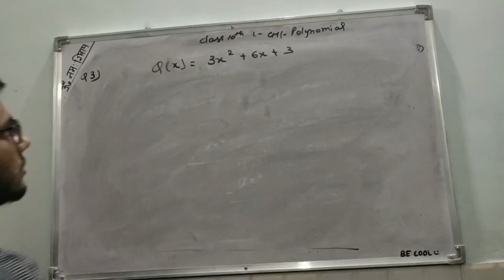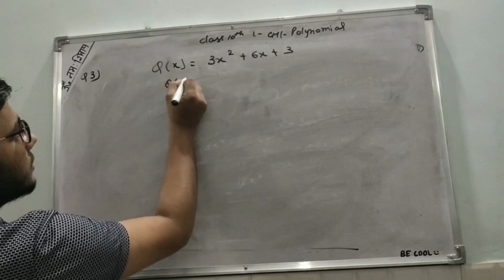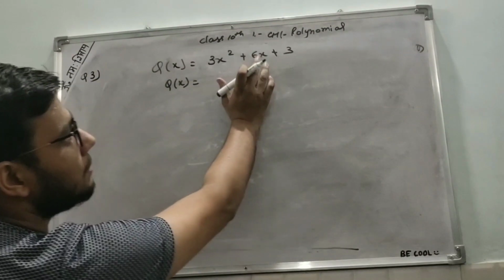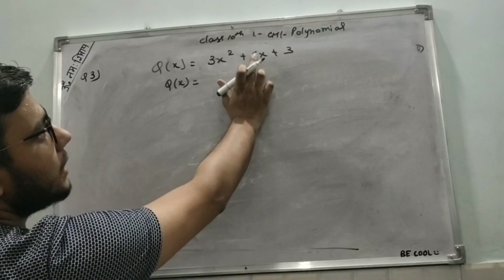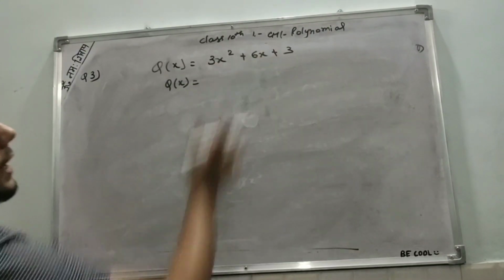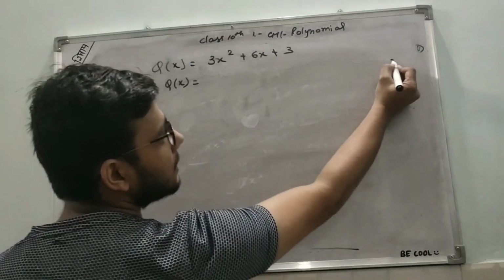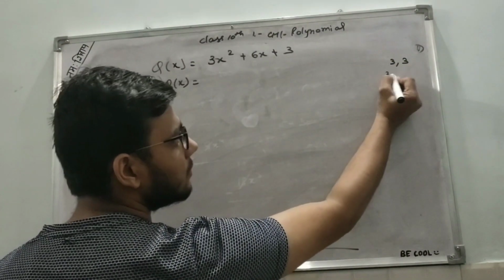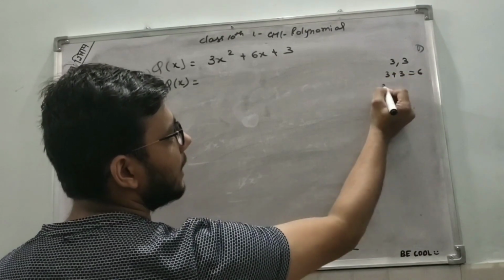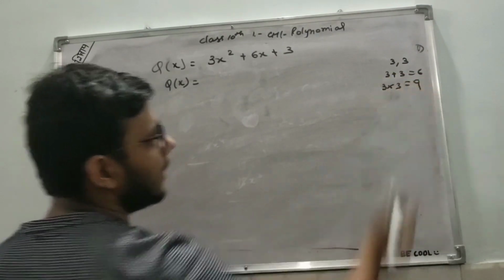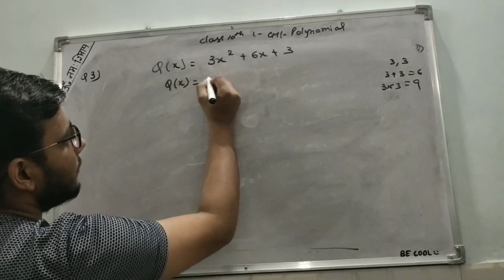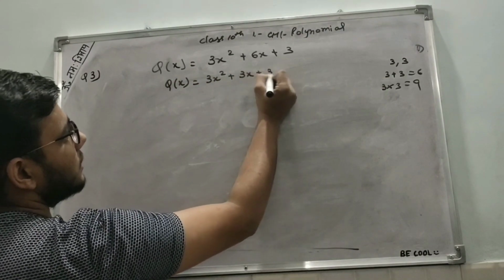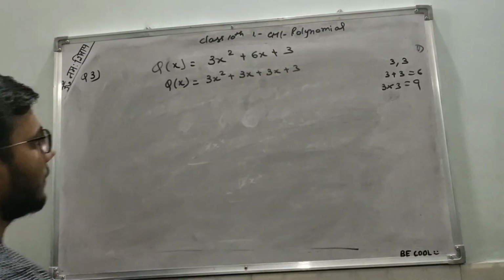Now evaluate this. Now you have to think of two numbers whose sum is 6 and whose product is 9. These two numbers are 3 and 3, as their sum is 6 and their product is 9. So write it here: 3x^2 + 3x + 3x + 3.